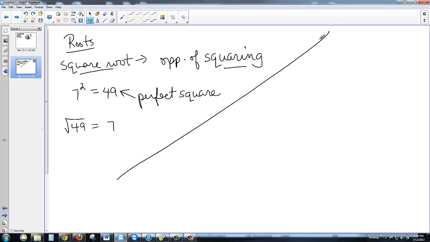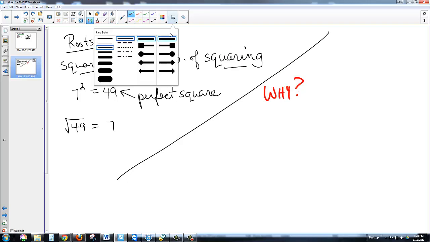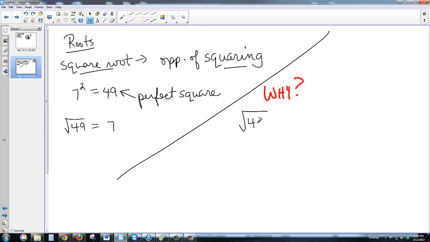Why? Here's why. When we talk about the square root of 49, we know that we're really talking about the square root of 7 squared. We already know that from when we talked about the squares. When I have a square root, which is this sign, that little notch is important, by the way.